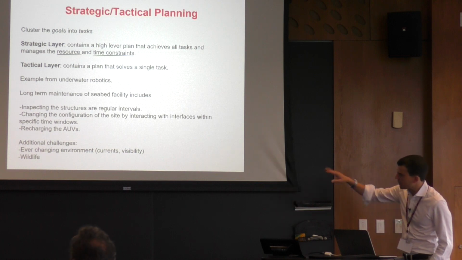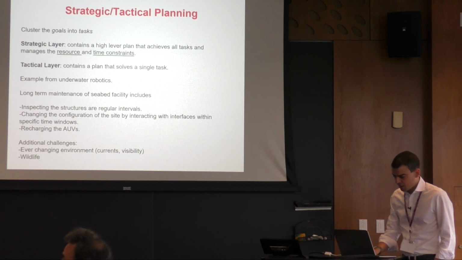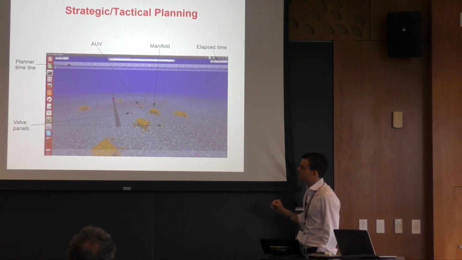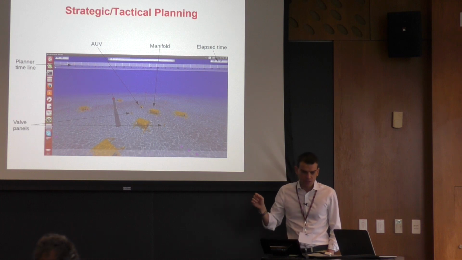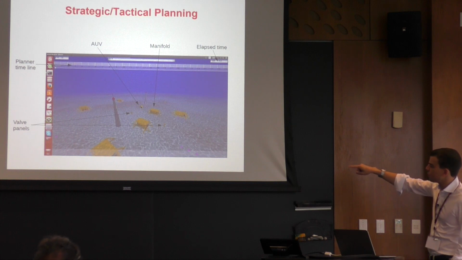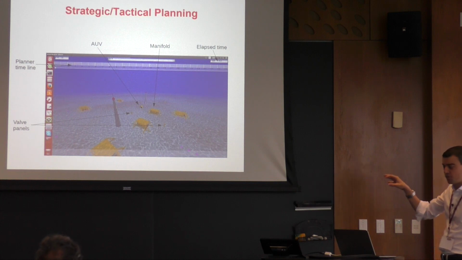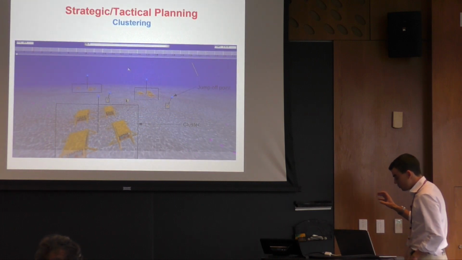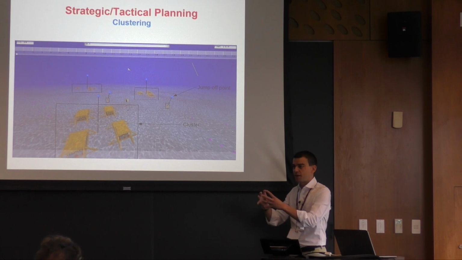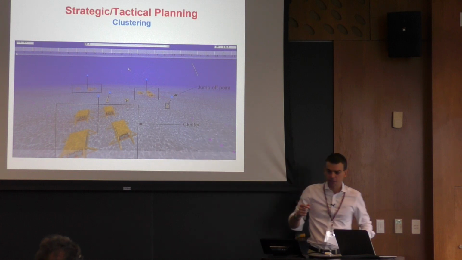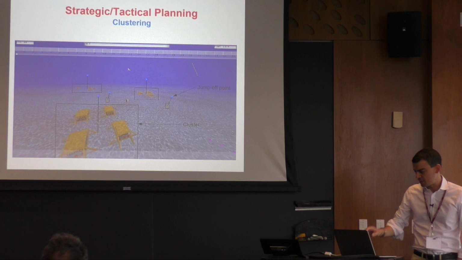As I said, these are the tasks involved in underwater robotics, and this is an example. This is a quite high-resolution simulator of an AUV, also done in ROS plus visual plugins. These are the set of tasks that the AUV has to perform, and the idea is that you start by clustering, meaning that you group together geographically all the objects that are of interest, and for each of them a jump-off point is created, which is the point where the AUV needs to approach the area of the single cluster.